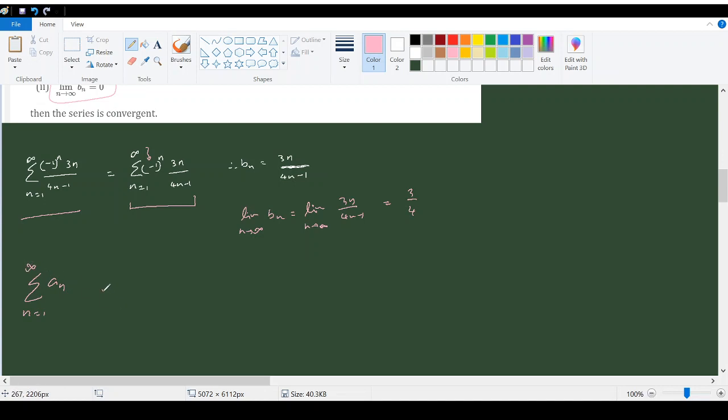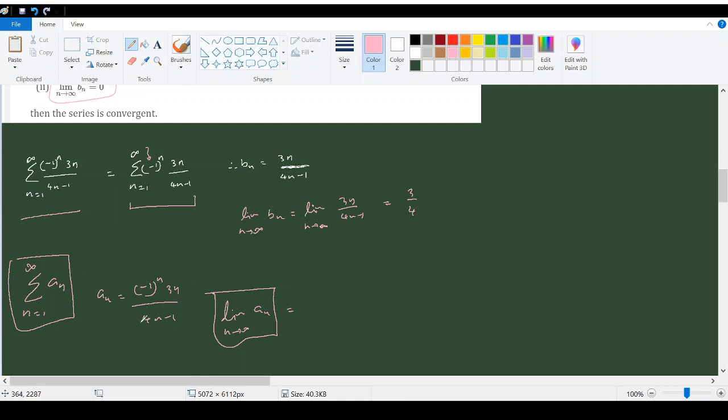In that case, our an should be equal to negative 1 to the power n times 3n over 4n minus 1, if you consider it like that. So consider the limit of an. You can see that the limit of an does not exist.